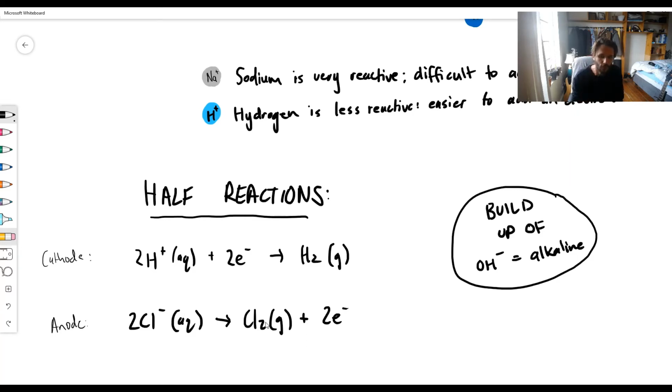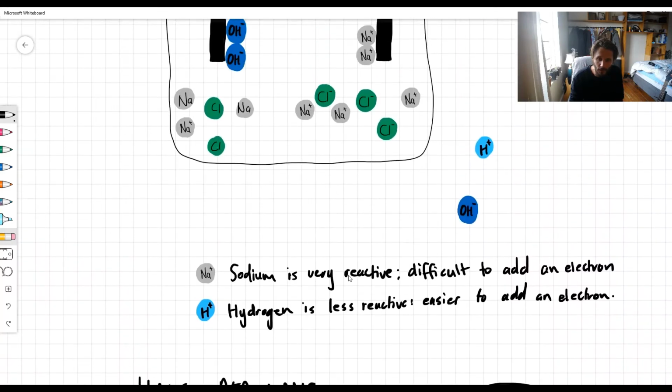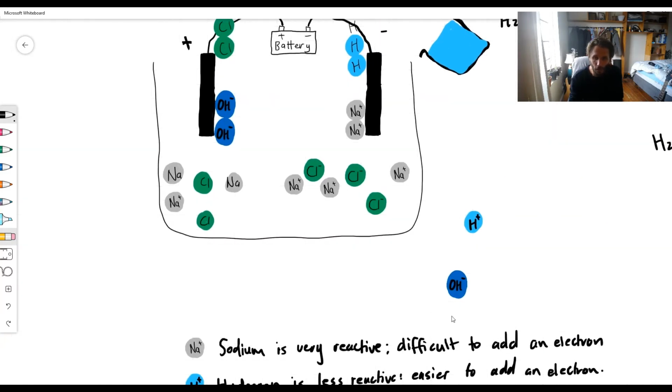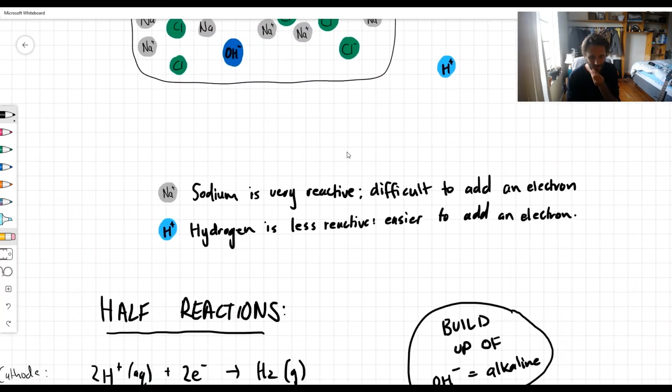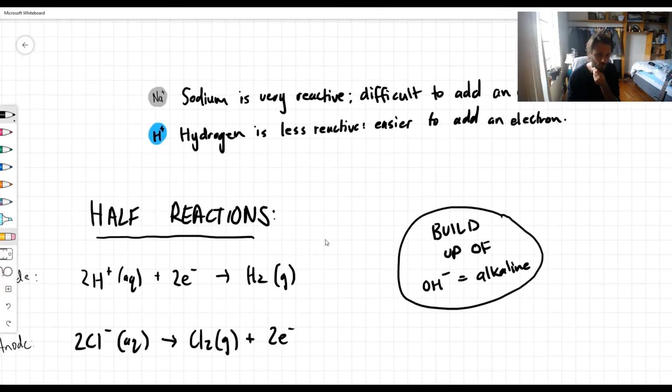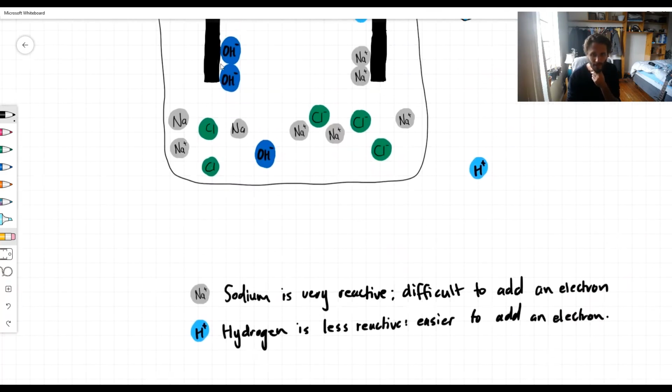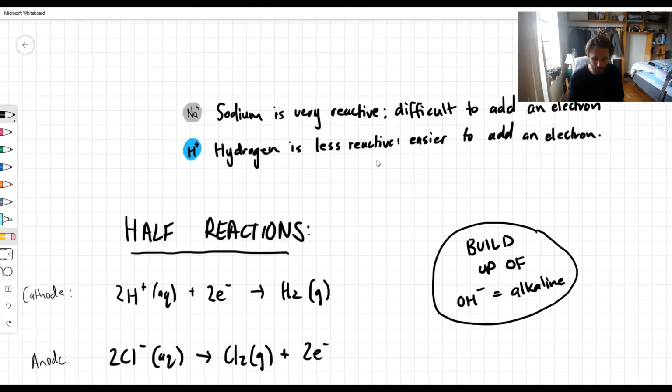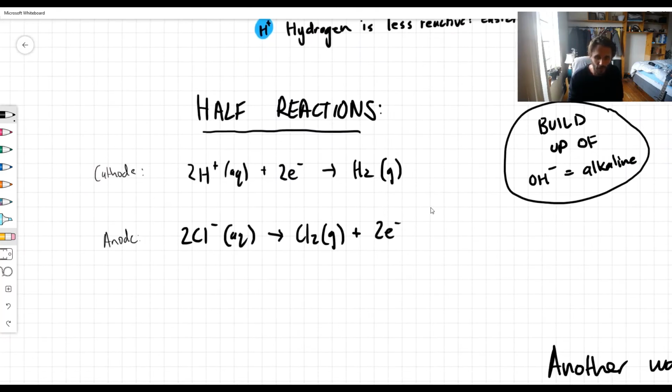So what's going to happen is there's going to be a buildup of OH minus ions in this solution. There's going to be a whole bunch of these building up in here. As the chlorine gets lost and as the hydrogen gets lost, we have a buildup of OH minus. And this is what makes the solution that's remaining inside here quite alkaline. Okay, so I just thought I'd mention that.